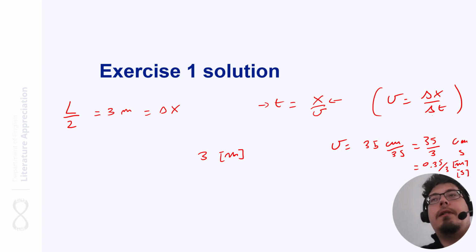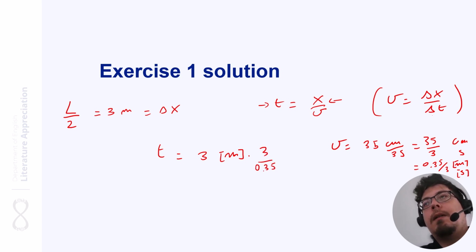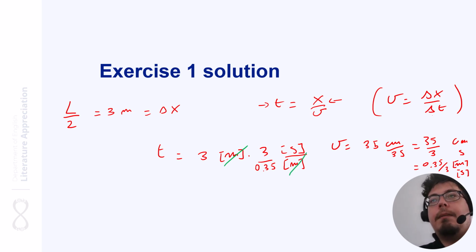So we know that time will be equal to length x divided by v, which is 3 divided by 0.35 over 3 meters per second, so 0.35 over 3. It is easy to see that the meters cancel out, as they should, and then the time we can calculate is 9 divided by 0.35 seconds.